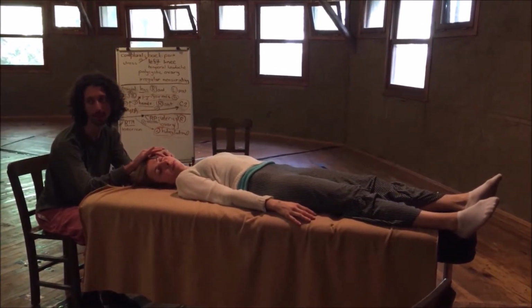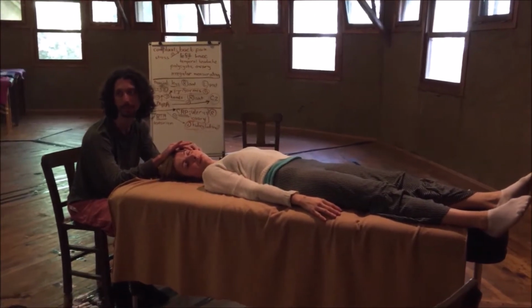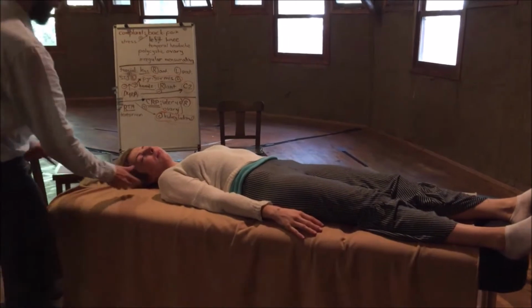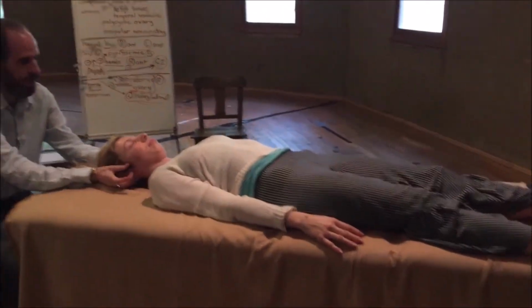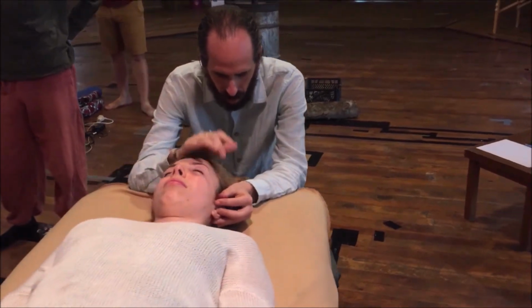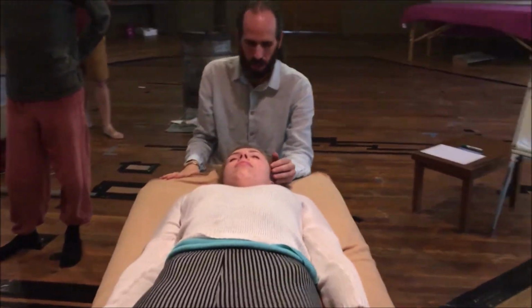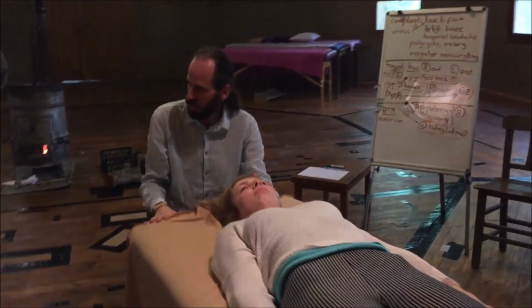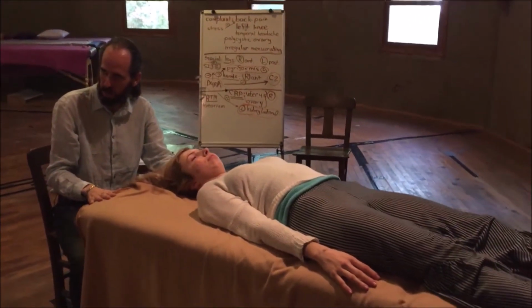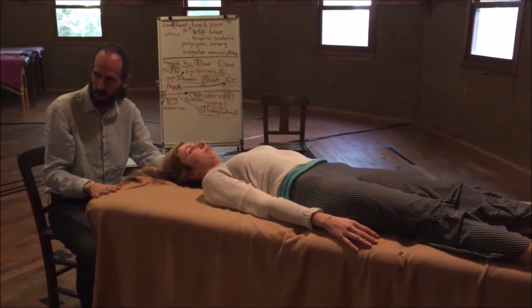I would like a second opinion about it. Okay, let me check. Okay. So my diagnosis is the suture between the temporal and the sphenoid is blocked. So the tentorium between the temporal and the sphenoid is blocked.